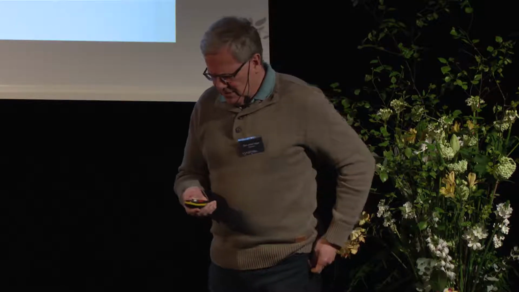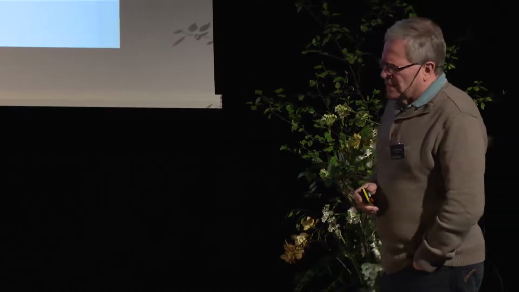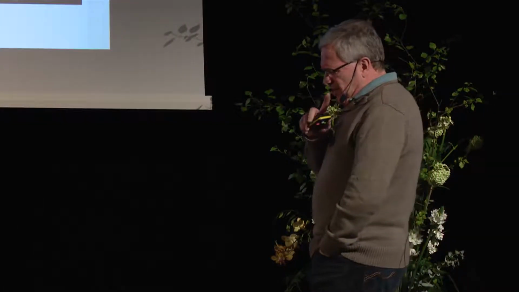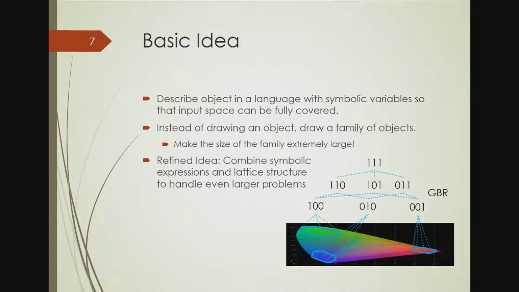So this duality was sort of like, can we take advantage of the technology that we have developed in the formal verification world for doing those kinds of things? And I think there's an interesting possibility here. So what we're going to do is describe an object in a language with symbolic variables. Essentially, instead of drawing a single image, we're going to draw a family of images, a very large family.